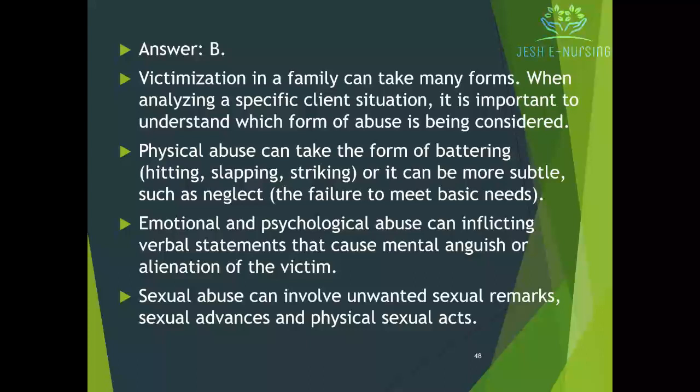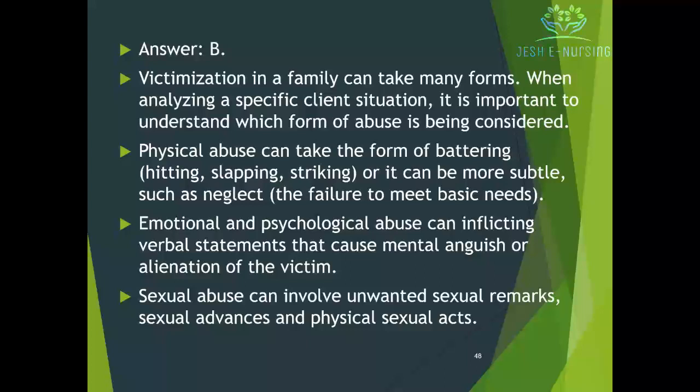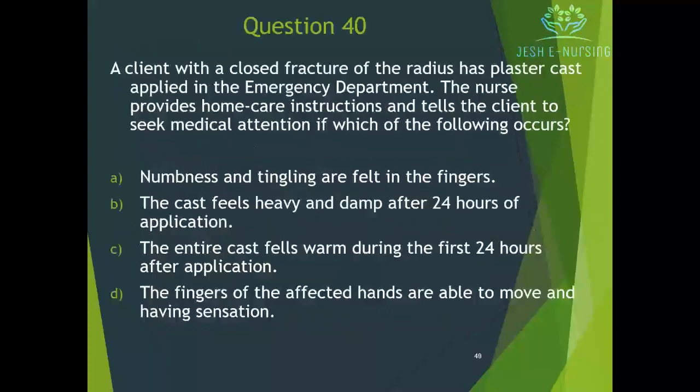These all come under physical abuse. Emotional and psychological abuse can involve verbal statements that cause mental anguish or alienation of the victim. Sexual abuse can involve unwanted sexual remarks, sexual advances and physical sexual acts. Alright, next let's move on to question number 40.